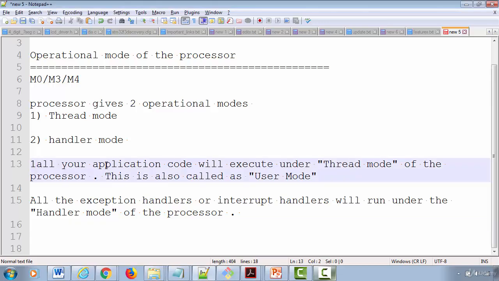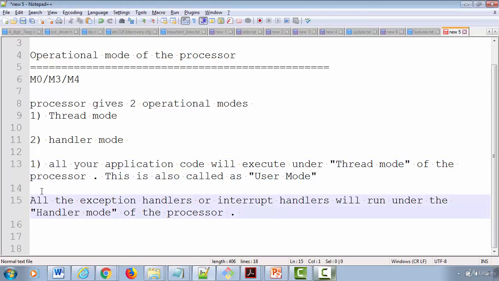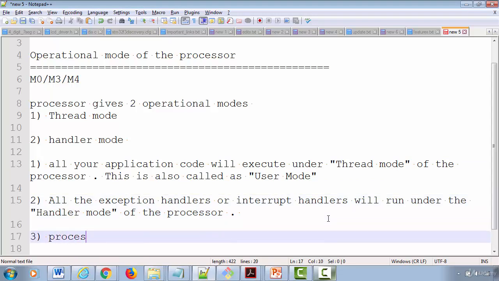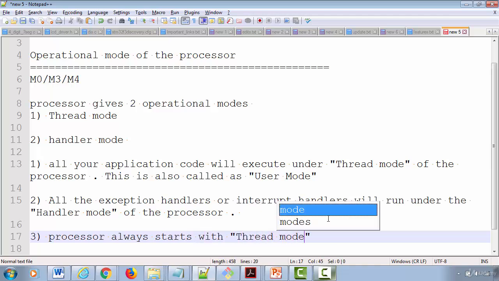All right, so this is point number one, this is point number two. Now point number three is that the processor always starts with thread mode. That means the processor by default starts with thread mode.